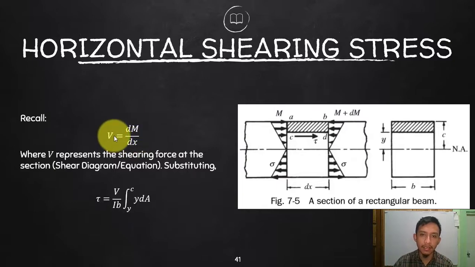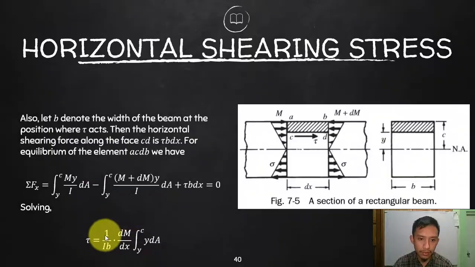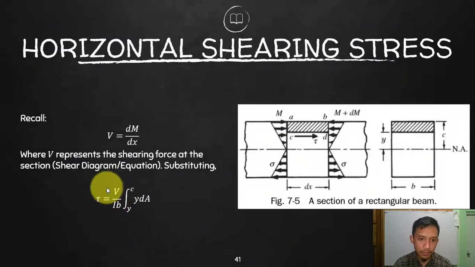Again, recall module 4, or if you cannot recall, go back to module 4. We derived that the slope of the moment, or the first derivative of the moment, is the intensity of the shear. In your equation here, we can therefore change that into a shear V. So that will be simplified as V over Ib integral of y dA.